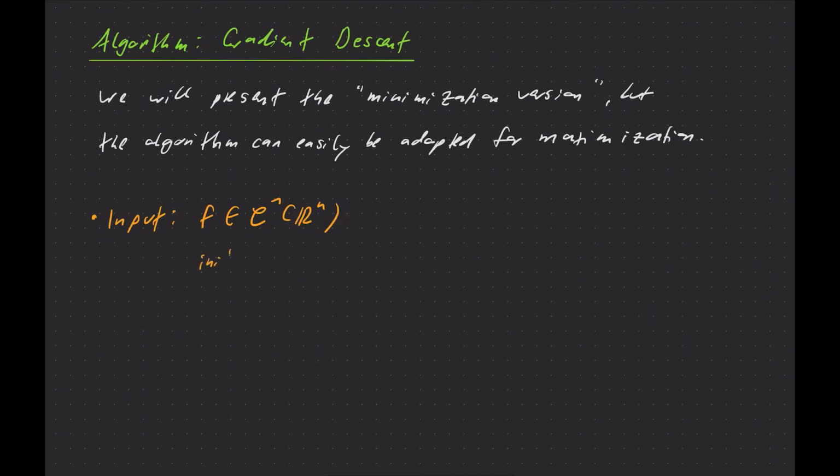And we need some initial value. So some point, we'll call that x0, that is contained in R^n. Doesn't really matter which we choose.